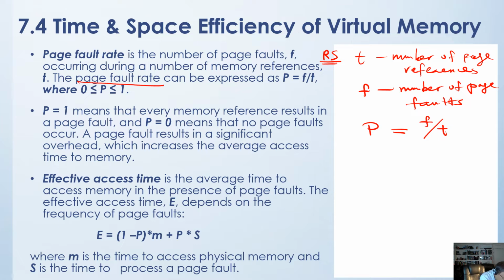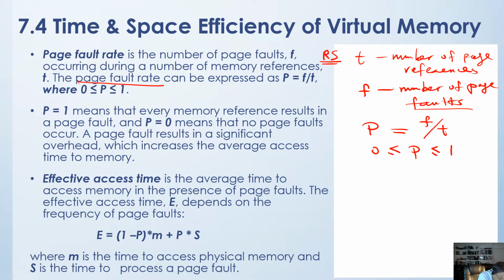Since T is the total number of page references and F are the references which cause the page fault, F is definitely smaller than T, right? So P is between 0 and 1.